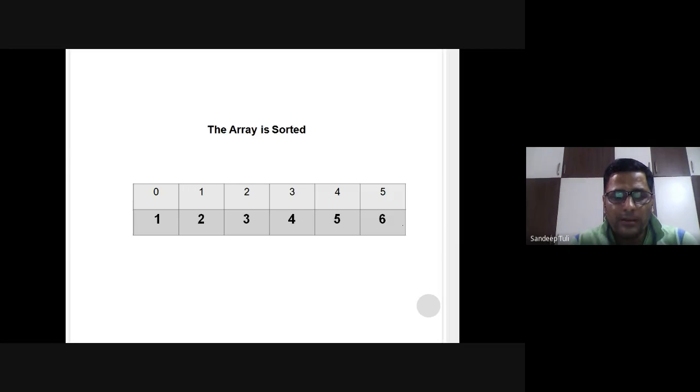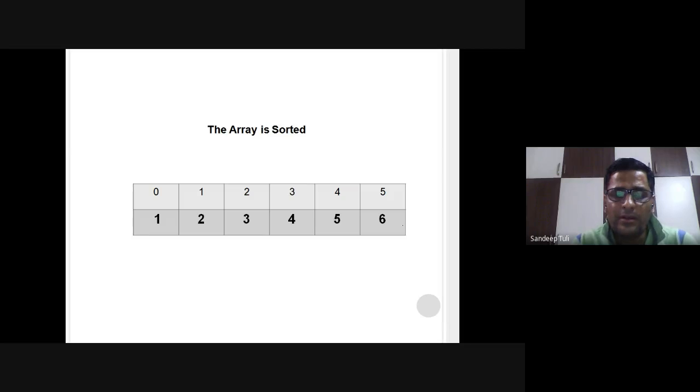Then, if the pivot element is at the left, we will start scanning from the rightmost element, and we will scan until either an element lesser than the pivot element is found, or the rightmost element is equal to the position of the pivot element. तो ये दो कंडीशन तक हम मूव करेंगे, एलिमेंट को स्कैन करेंगे, and if some element which is lesser than the pivot element is found, we will swap it, because our motto is to put the pivot element at the position such that all the elements to the left of that pivot element will be lesser, and all the elements to the right of that pivot element must be greater than that pivot element.